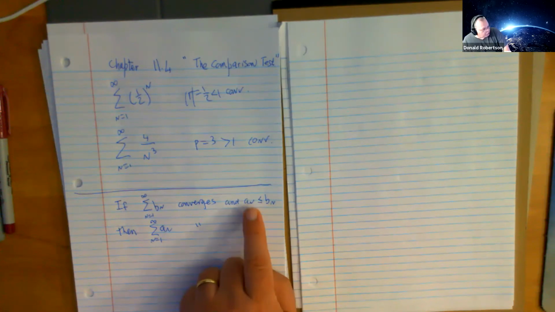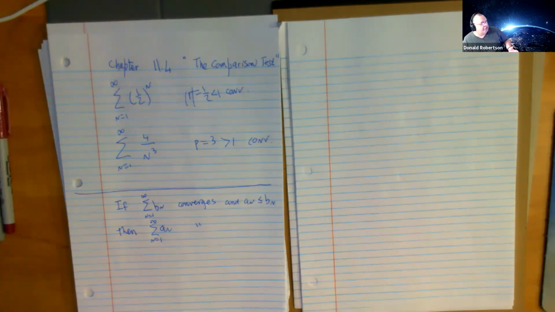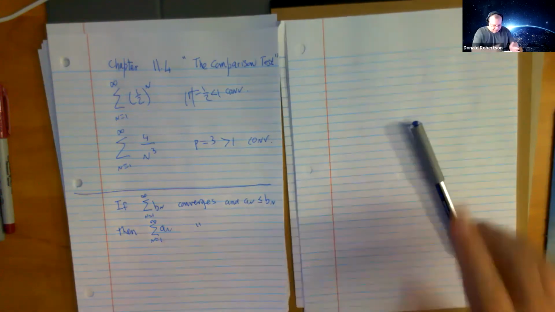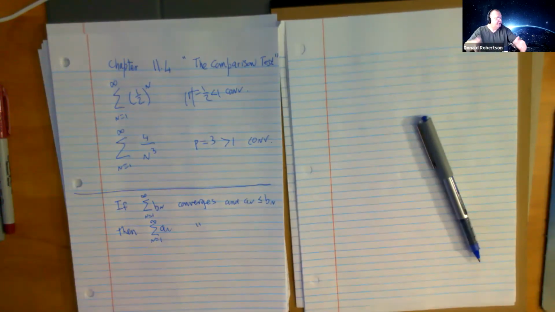Now the logic is you have to be smaller than a converging series. The argument for that is pretty straightforward. Can you imagine you've got a series Bn, B1 plus B2 plus B3 to infinity, and that adds up to 14. If your guy's made up of terms that are always a little bit less than that, won't it add up to something that's a little bit less than 14? And we don't care what it adds up to. Convergence just means we know it adds up to something, right?